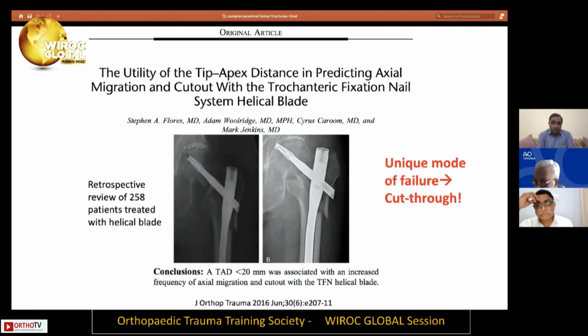But another complication, as I previously mentioned: 25 is the ideal TAD, but if it's too little, especially where we have used a helical blade, then there are chances of a medial cutout of the helical blade. So we should be aware of that while we are trying to achieve a TAD which is less than 25. We should not keep it too small either.